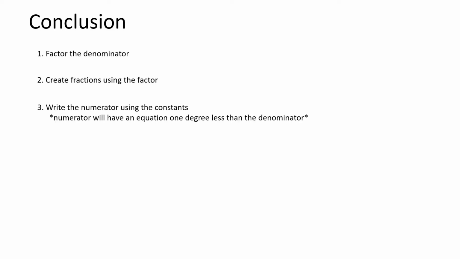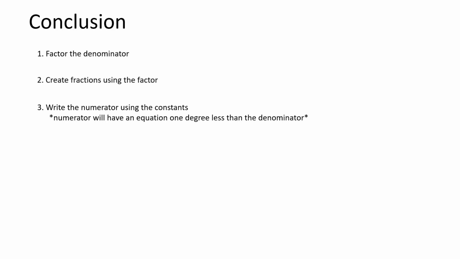To solve partial fractions, you should start by factoring the denominators. Using those denominators, we're going to create fractions. So if you have 2 factors, you'll have 2 fractions. If you have 3 factors, you'll have 3 fractions, and so on. The third step will be to write the numerator using constants. Just keep in mind that your numerator will be of degree 1 less than your denominator.